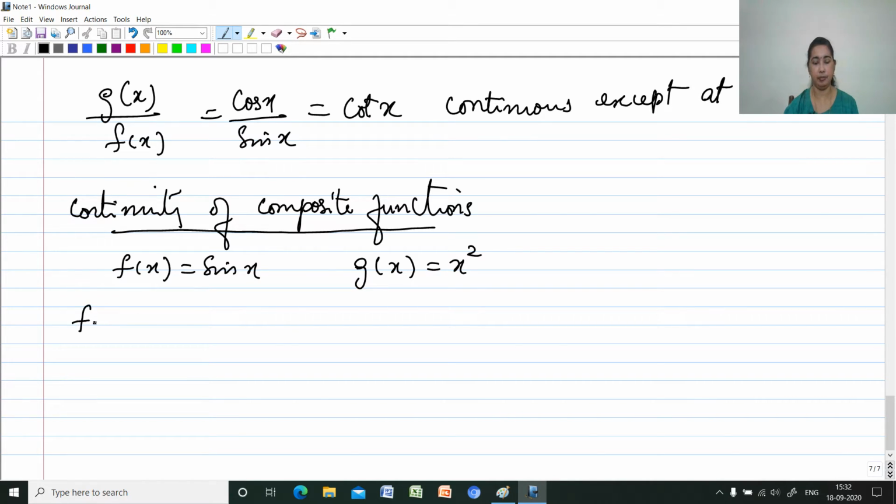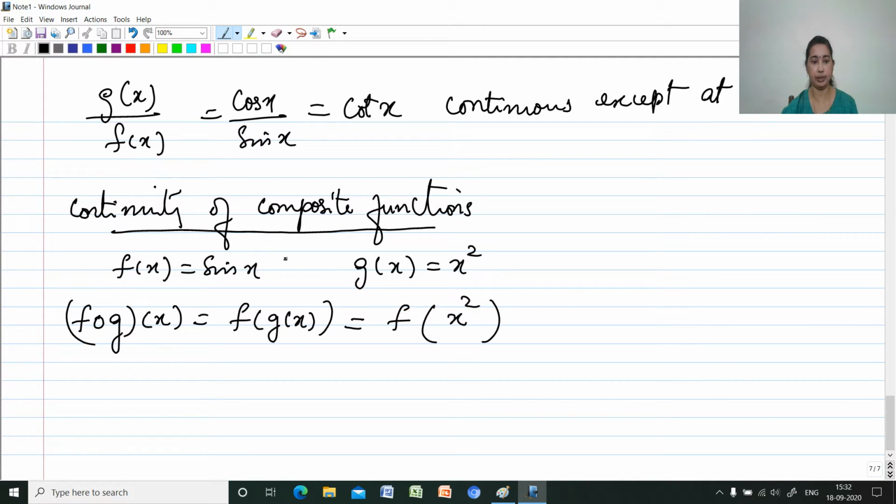Then f o g means f composition g of x. It is the same as f of g of x, and g of x is x square. So f of x square, and since f of x is sin x, f of x square is sin x square.